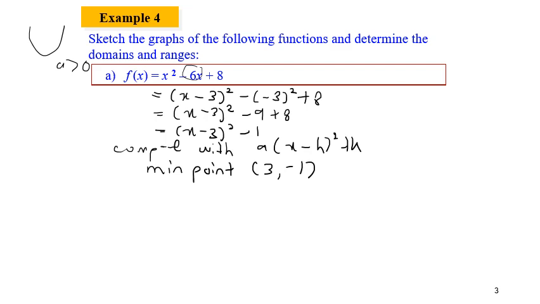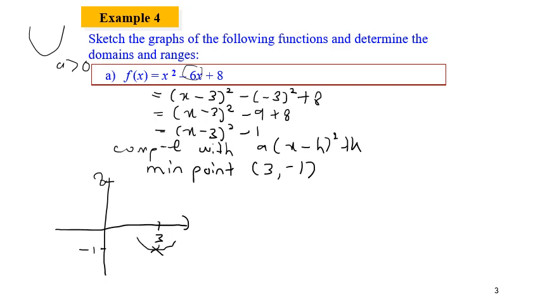And also, the question asks us to sketch the graph. So we sketch the graph. So find out the minimum point, that is 3 and negative 1. So this is the minimum, and this is 8.